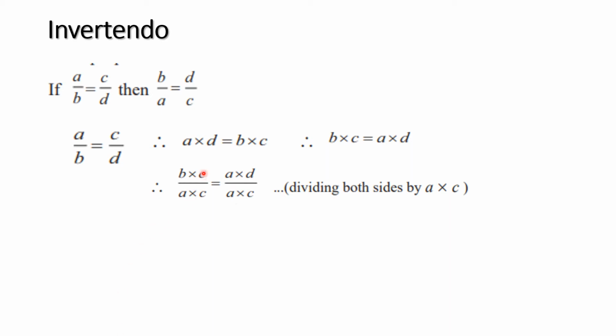See here, C and C will get cancelled and here A and A will get cancelled. So what is the remaining thing is B upon A is equal to D upon C.